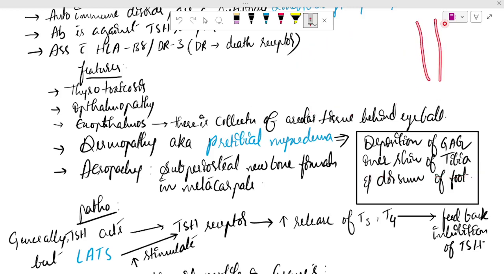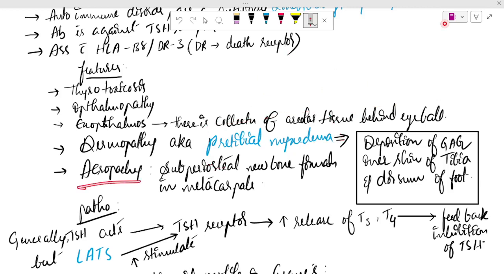See, this is a leg. Over the shin of tibia, as well as the dorsum of foot, there will be deposition of glycosaminoglycans. That is called pretibial myxedema.